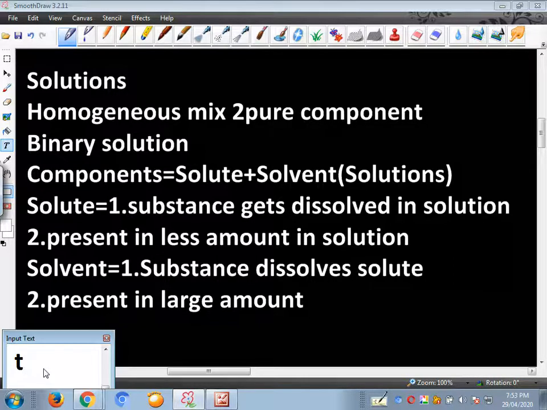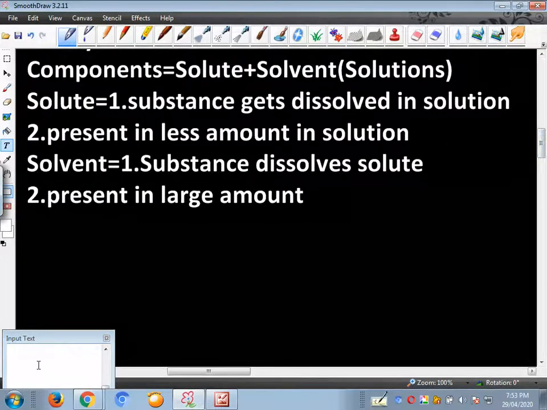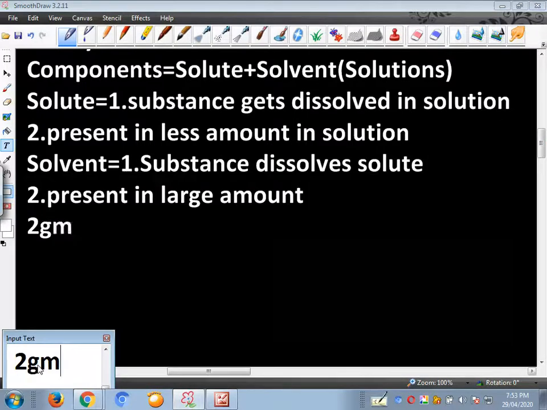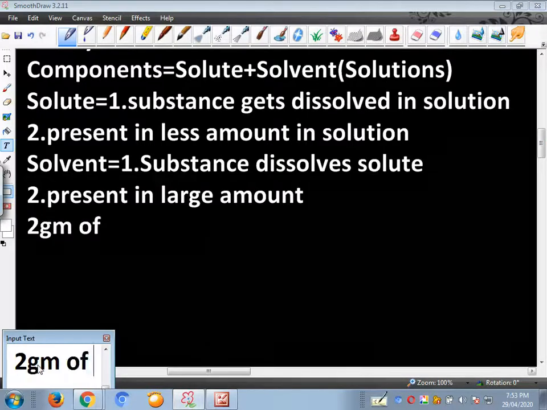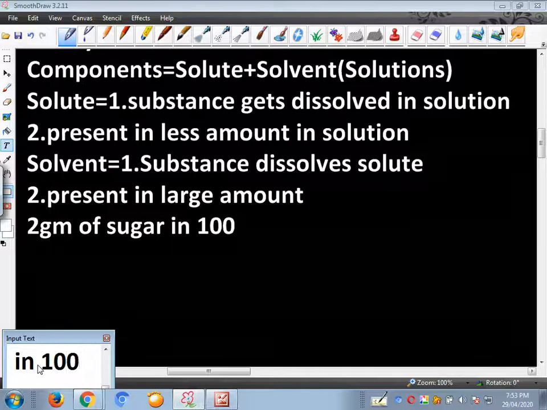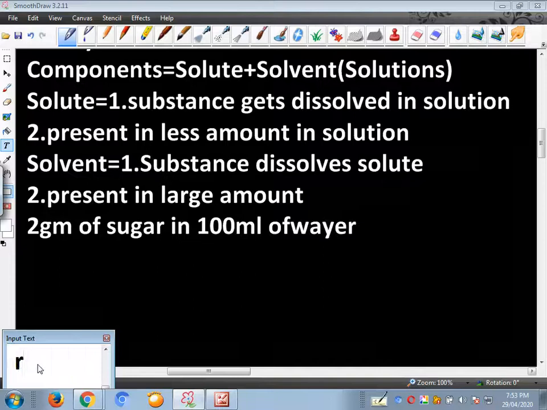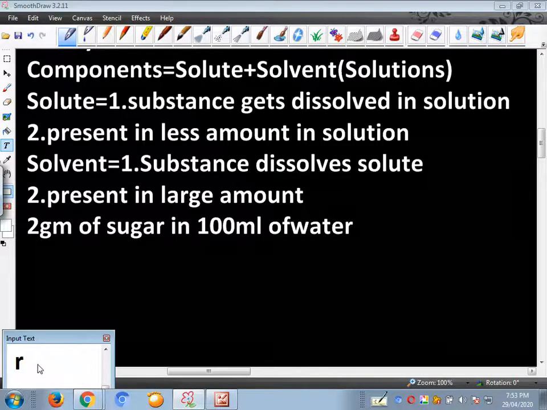Now you may ask for an example for this. Say for example, I have 2 gram of sugar in 100 ml of water. I think you can recognize easily in this solution.